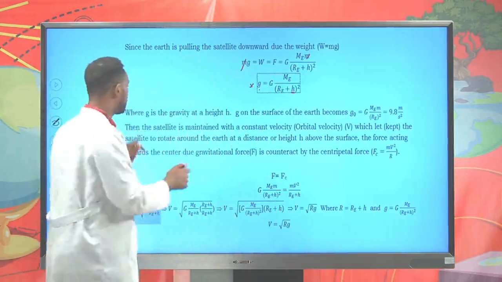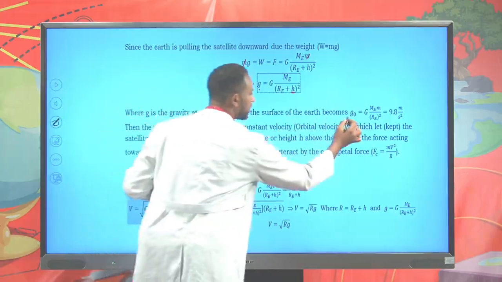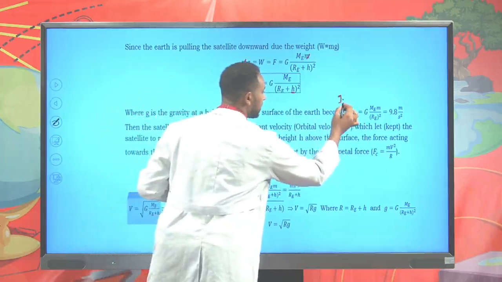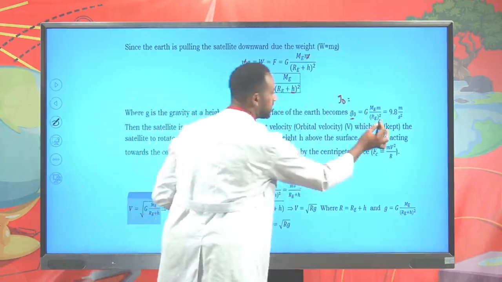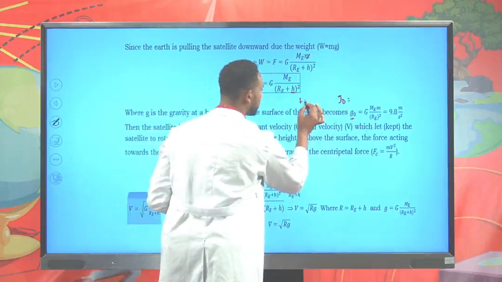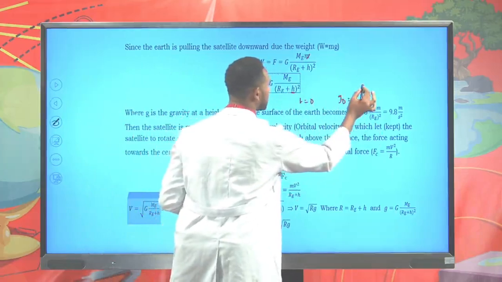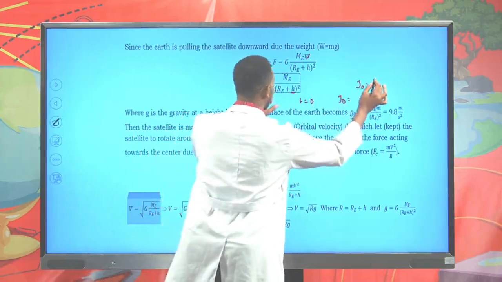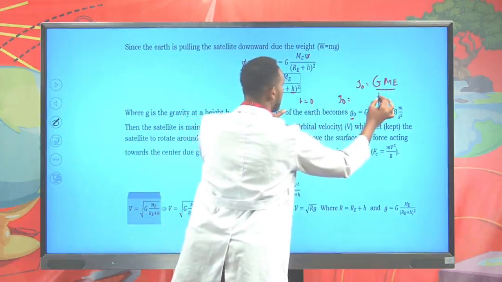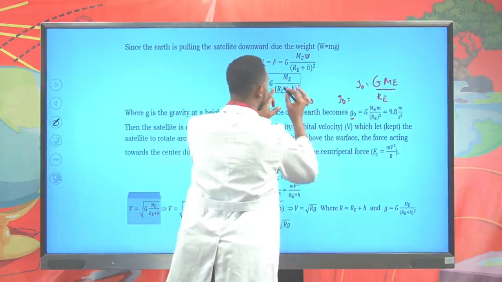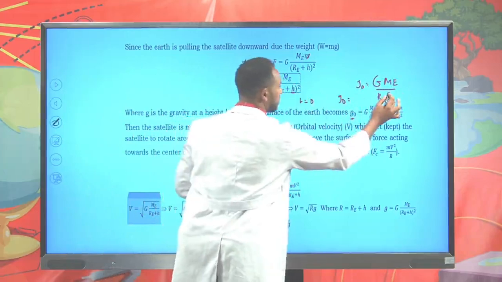Let's call it g naught, the original gravity. g naught is the gravity on the surface of the Earth. That means when h is 0, the only parameters you find for g are capital G, the mass of the Earth, over the radius of the Earth plus 0, the whole squared.